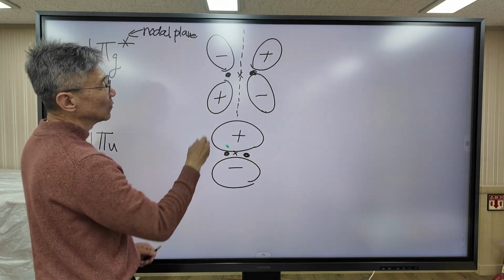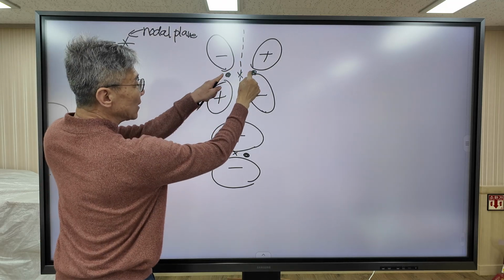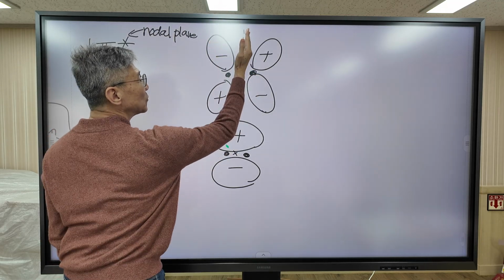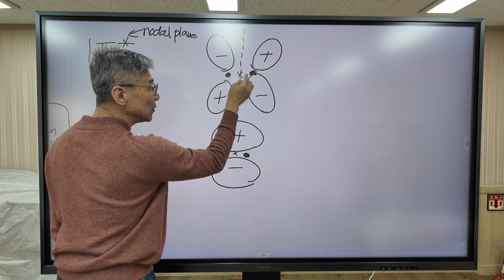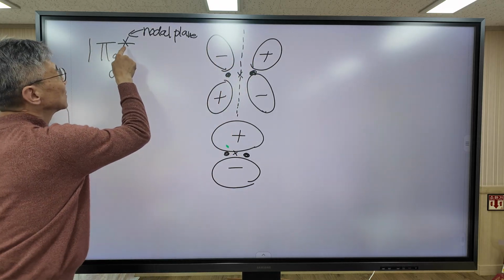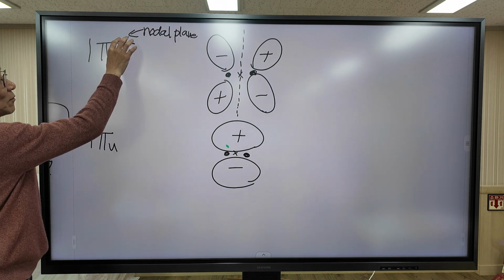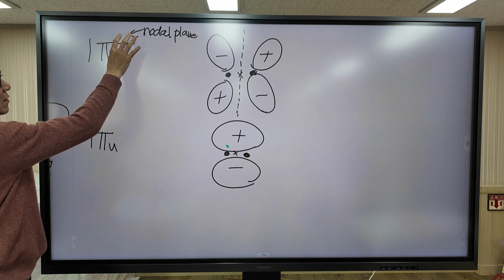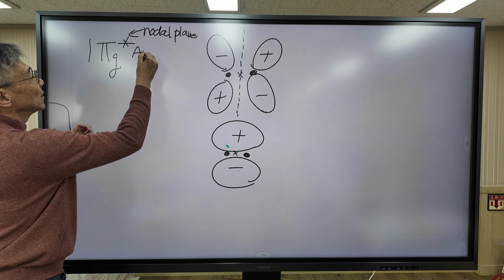The nodal plane passes between the two nuclei, right? When the nodal plane passes between two nuclei, it is marked with an asterisk. When the asterisk mark appears, this orbital is called an anti-bonding orbital.